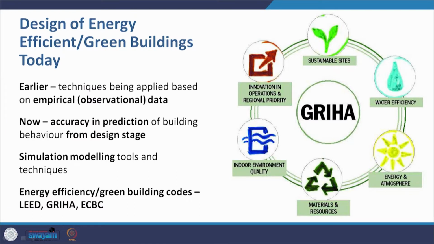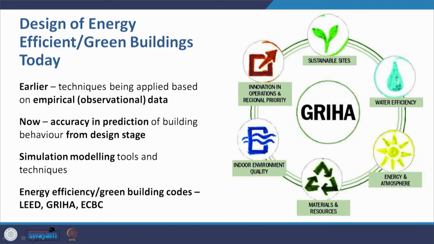Now earlier the techniques being applied were based on observational data. It was based on the data of a traditional architecture of a region. It was empirical data, but now there is accuracy in our prediction of building behavior from the design stage, because we have got simulation modeling and digital tools and techniques to predict that behavior. And that is why today, if for example Morphogenesis designs the Jalis of Pearl Academy, which we will study as a case study, they design that with proper solar analysis.